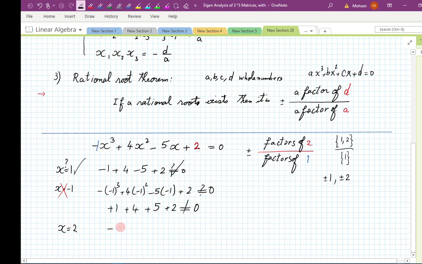Let's draw. Minus 8 plus 4 times 4, 16, minus 20 plus 2. Well, I made a mistake here, sorry.